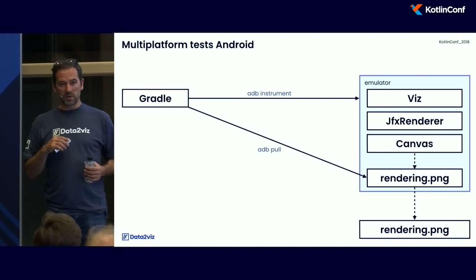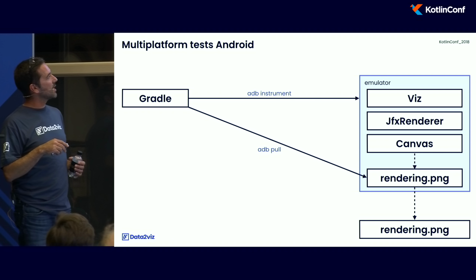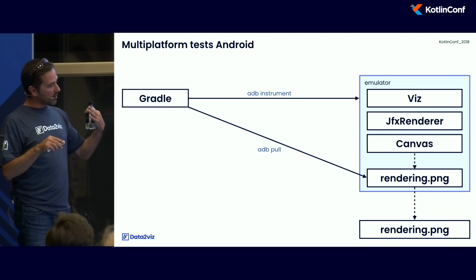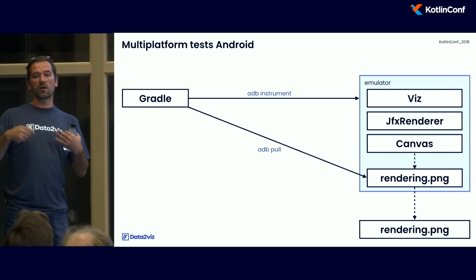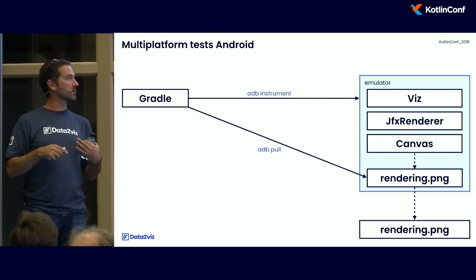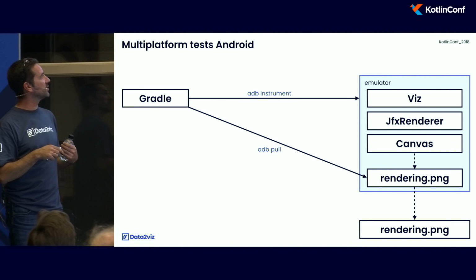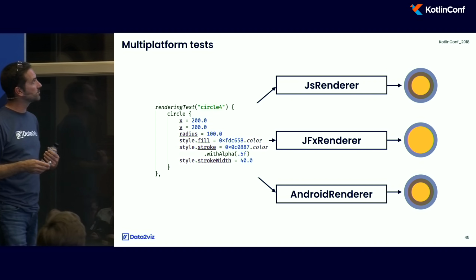So we use ADB to launch the test inside the emulator, and our tests were storing the file inside the emulator. Afterwards you have to pull the file from the emulator to the testing system, so you call ADB pull and copy the rendering PNG file into the testing system.